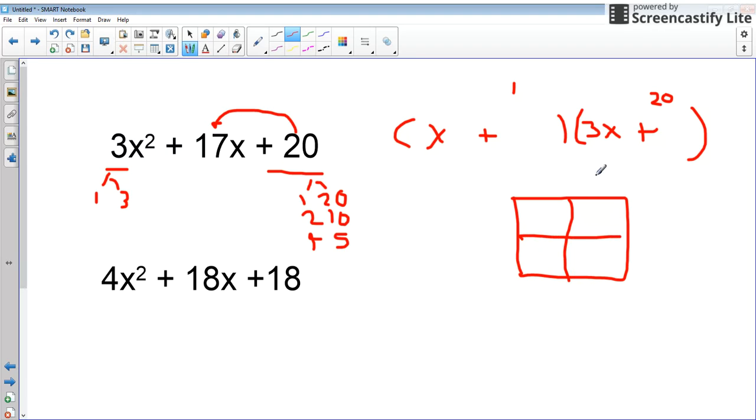So essentially I'm saying this is 1 and this is 20 when I have 3x and x. Basically, you already know that's 3x squared, and you already know that this is 20. We're trying to get these two boxes right here to somehow add to give us 17.